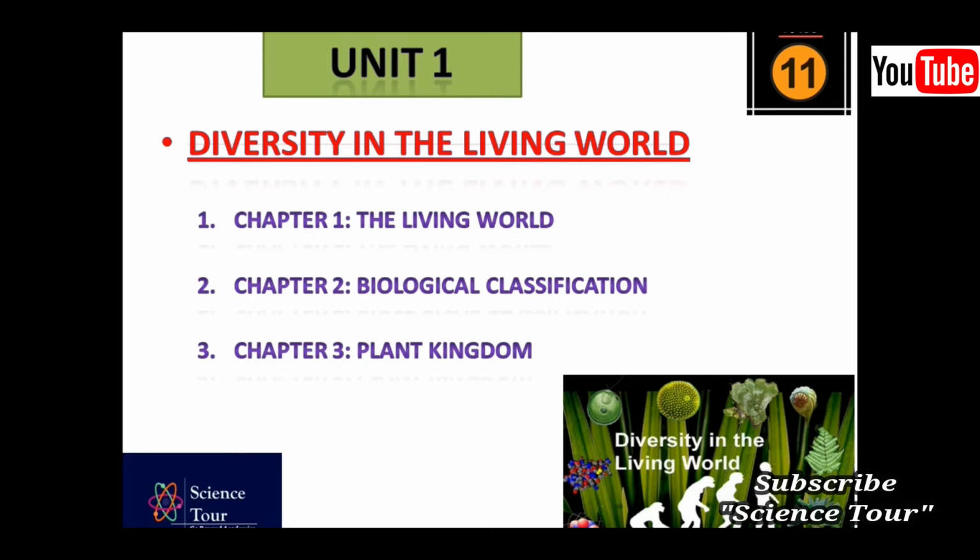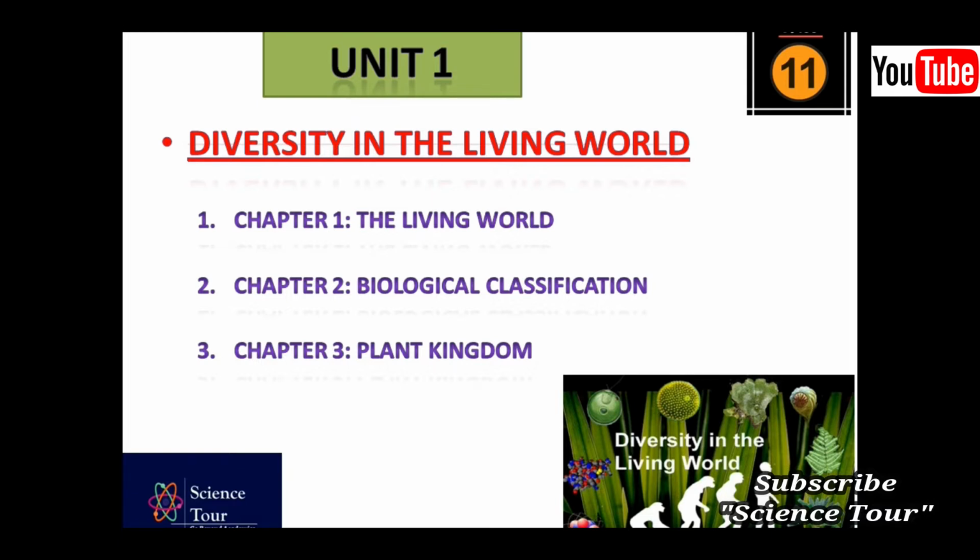Then we will study the taxonomical hierarchy of man, housefly, mango and wheat. Then different taxonomical aids like zoological parks, herbarium, etc. Chapter number 2 is biological classification.